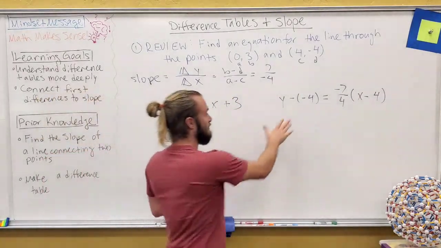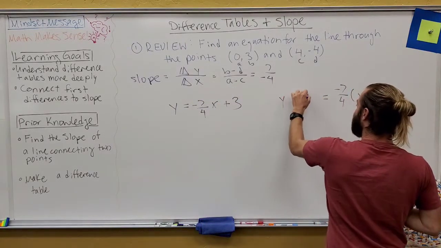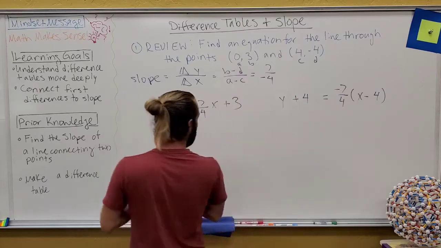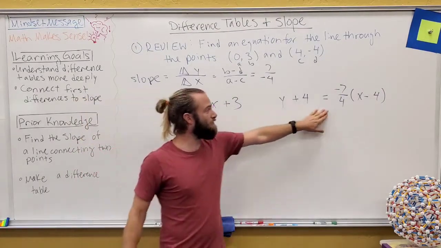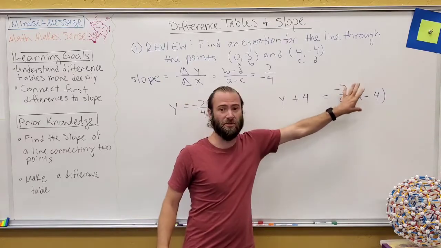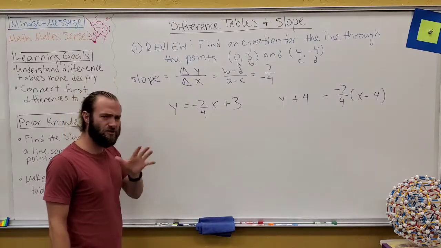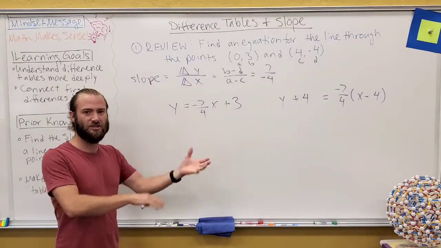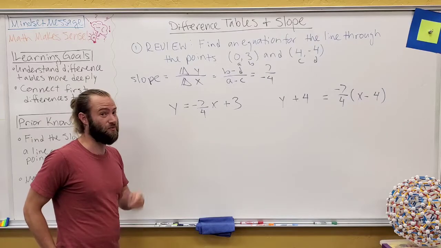And we could realize that minus negative 4 just turns into adding. So y plus 4 equals negative 7/4 times x minus 4. And this one, if you actually solved it for y and simplified it, you'd see that it's exactly identical to this. Okay, so there's a little bit of review of lines, and we'll use that to jump off into our next segment here, another example that's related to this.